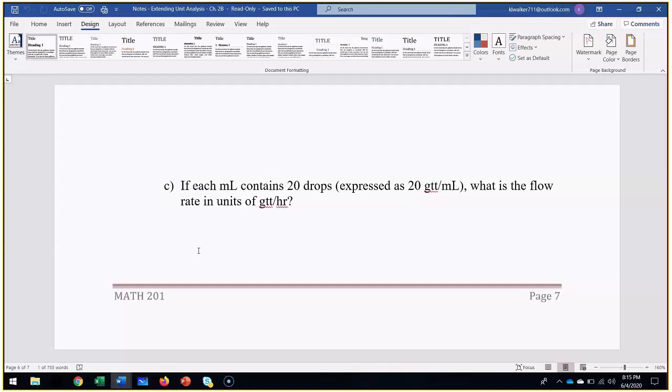All right, let me go over here. Now we've got 20 drops per milliliter. And they want drops per hour.